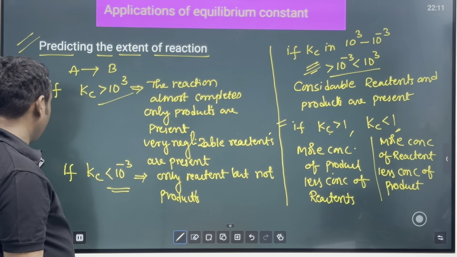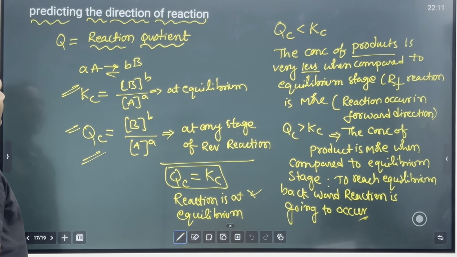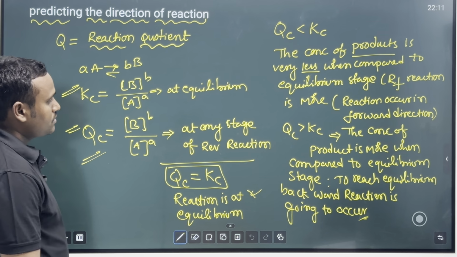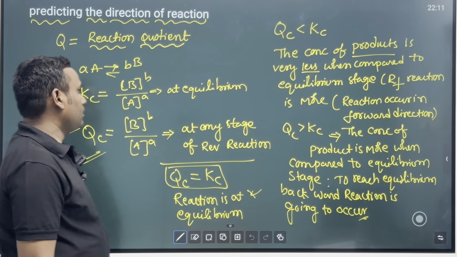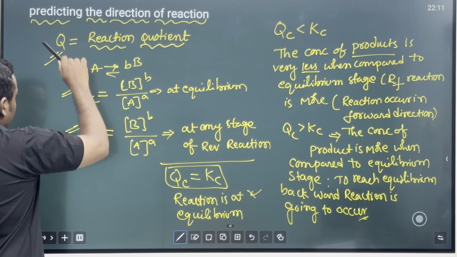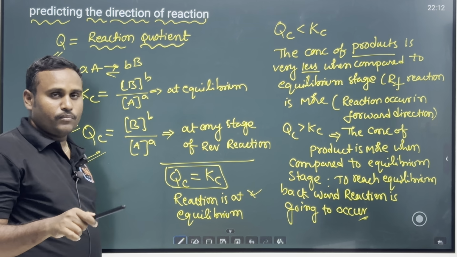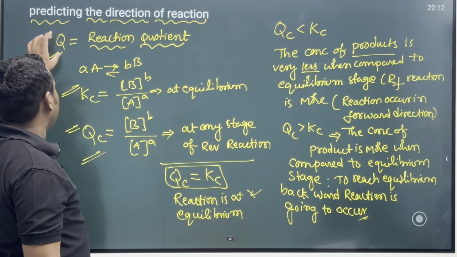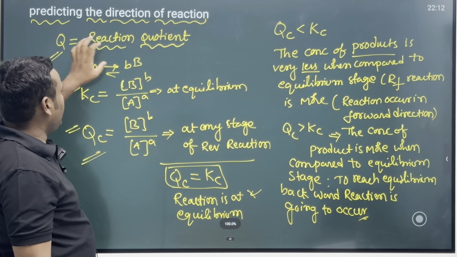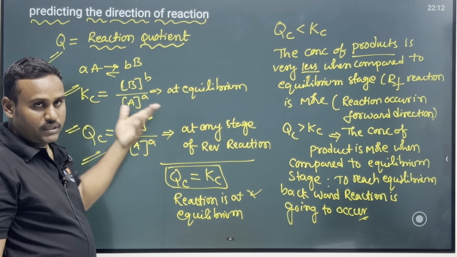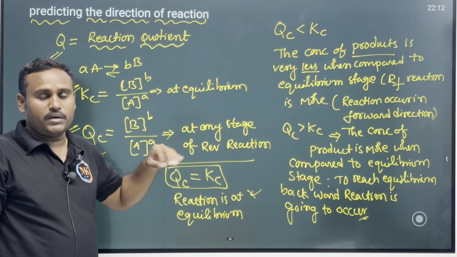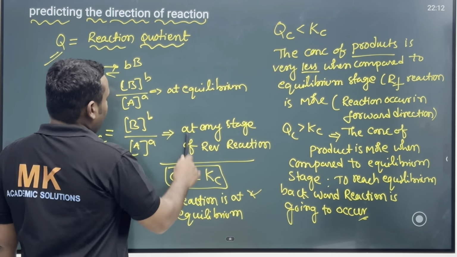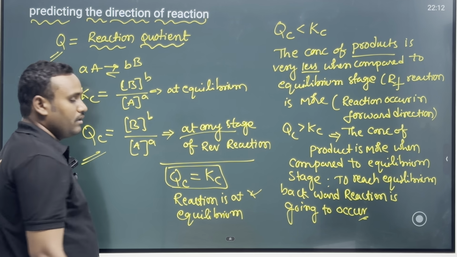Okay. Next, predicting the direction of reaction. Which direction is it going to occur? To know that, we take one more term, the reaction quotient Q. What is the reaction quotient? It is the same as the equilibrium constant, but written at any stage of a reversible reaction.